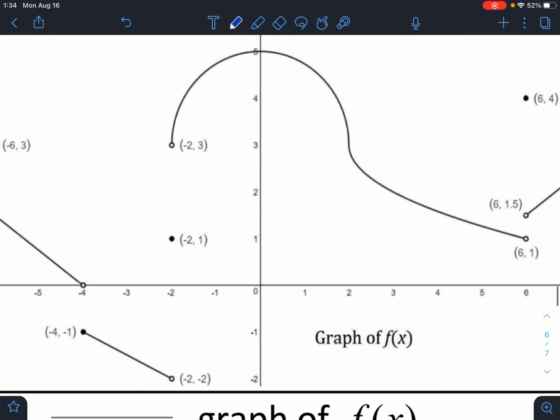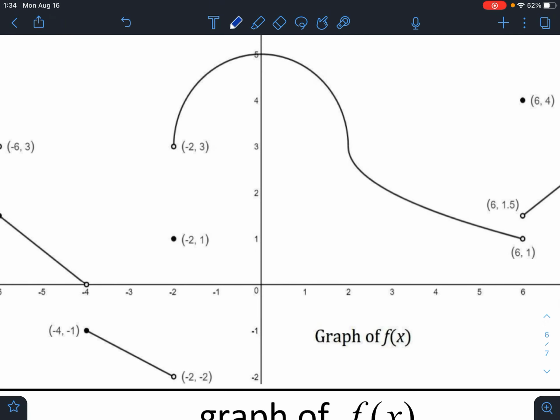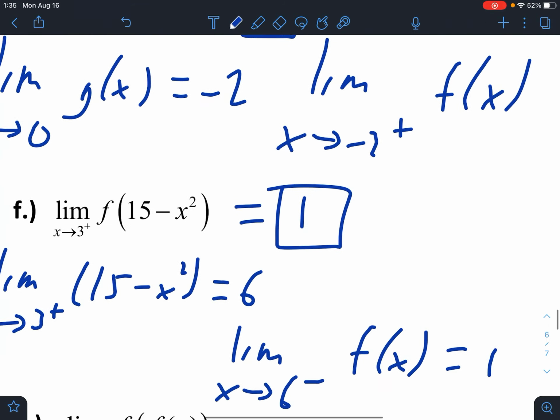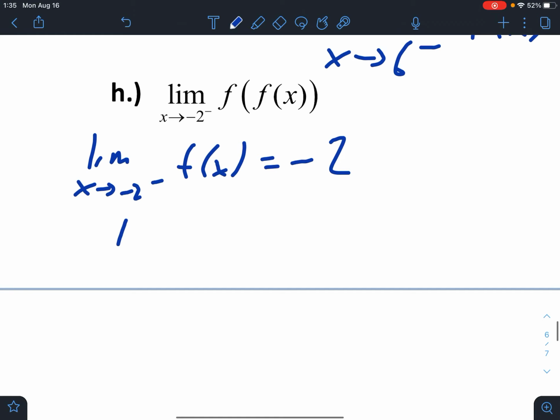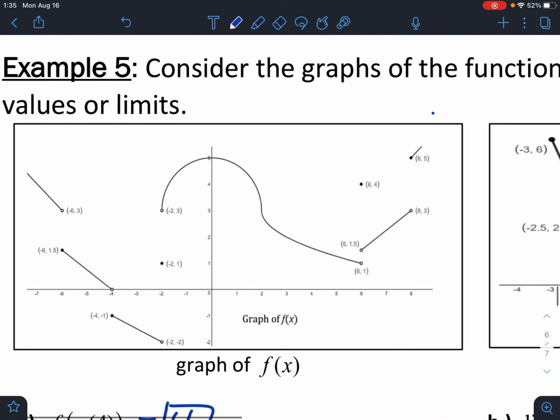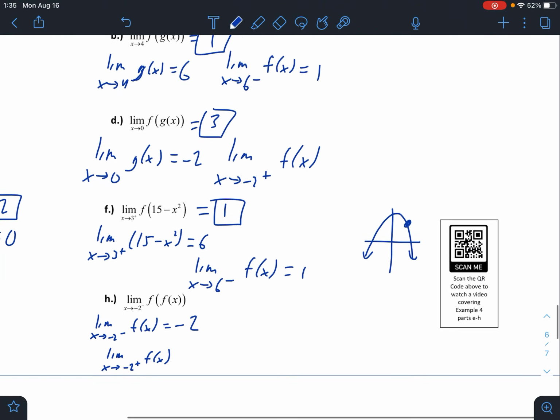Since f is not continuous at -2, we have to use the fact that it's coming at it from above in our original limit. That means we're only going to take the right-hand limit for our final answer here. So limit as x approaches -2 from the right of f. Which is 3.